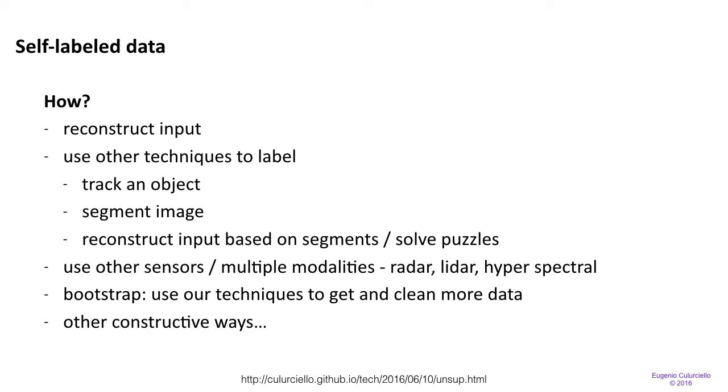But let's be very careful with these techniques. This is often not a viable path, because techniques like an object tracker or image segmenter often do not work very well or for every case. So they'll have a lot of false alarms and false positives. The data will have to be cleaned up.